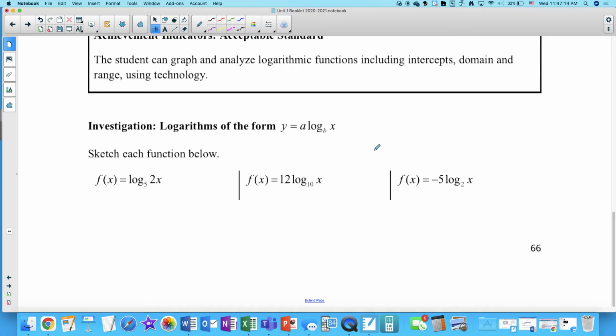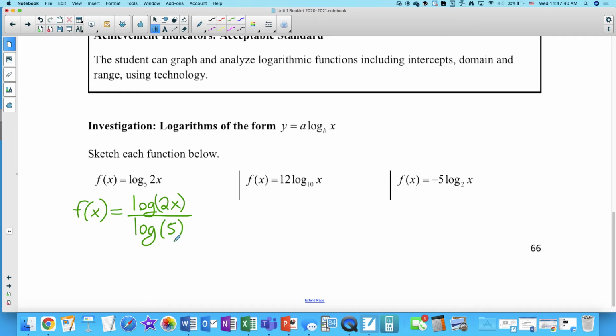Remember, you go log over log, and that new base is 10 because we want to enter it into our calculator. What goes in the numerator? 2x. And in the denominator is the 5. So that's how we'll enter it into our calculator.